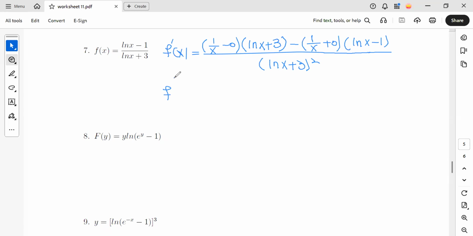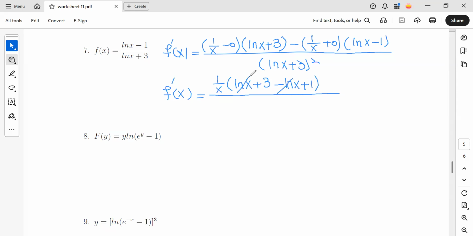So we can simplify the numerator. We can factor out 1 over x, and it will be ln of x plus 3 minus ln of x minus negative 1, which is plus 1.